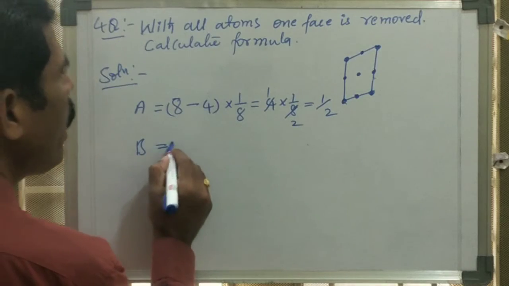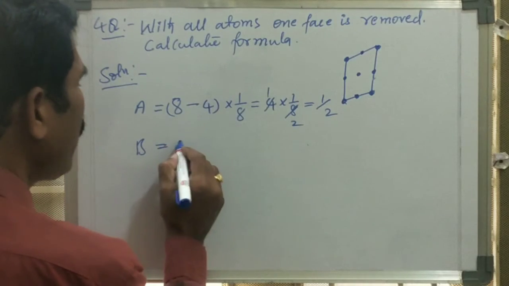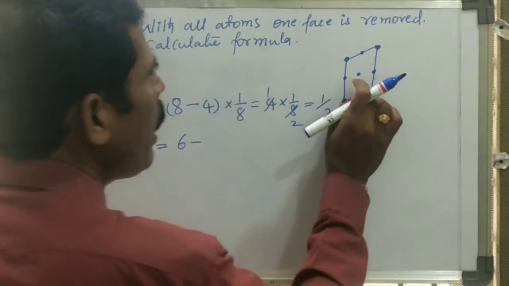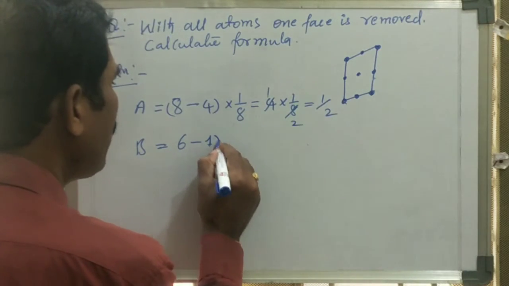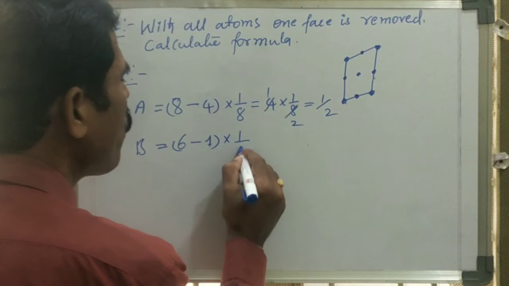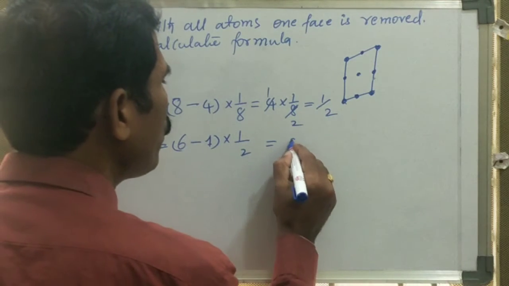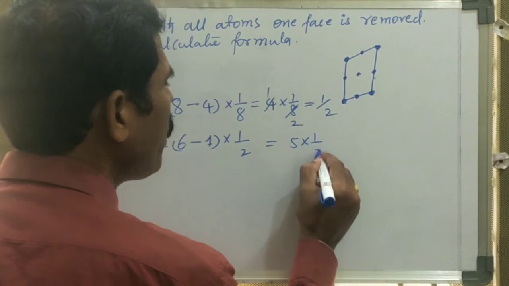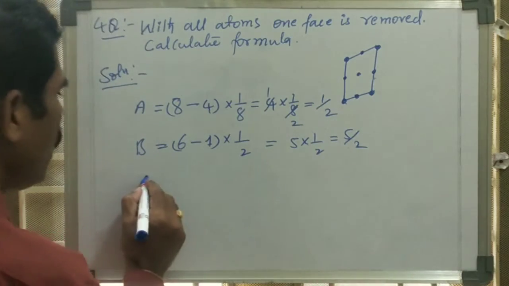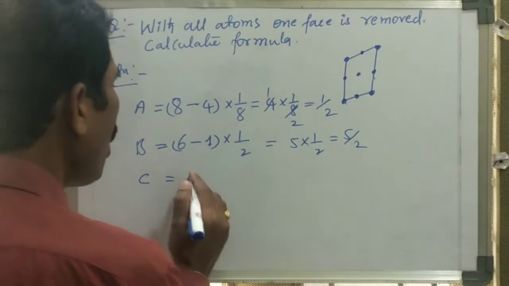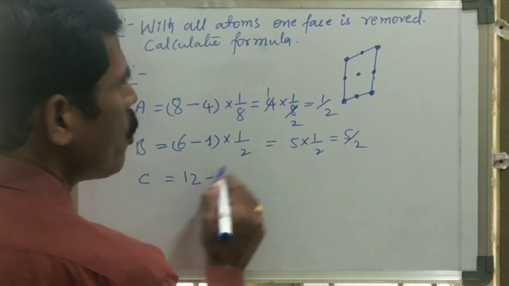Then go for B. Totally how many faces are there? 6 faces. Here how many faces are removed? Only one face. So 6 minus 1, and definitely its contribution is 1 by 2, that is 5 into 1 by 2. So you will get 5 by 2. Go for C. Totally how many edge centers are there? 12 edge centers.